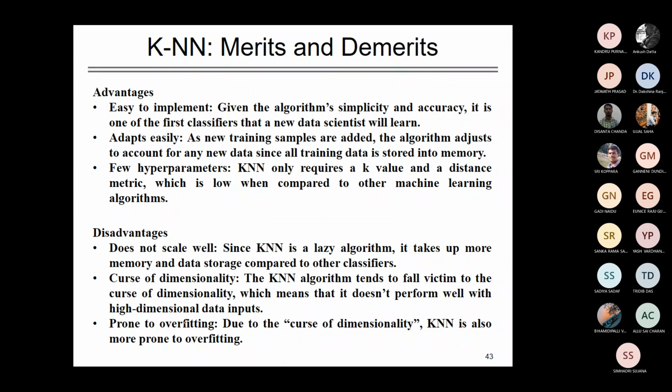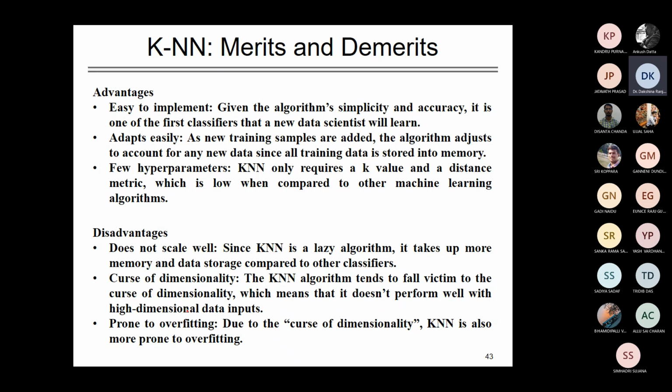It is also prone to overfitting, and due to the curse of dimensionality, KNN is more prone to overfitting. The opposite can also be true.